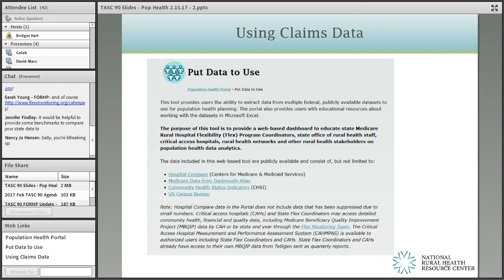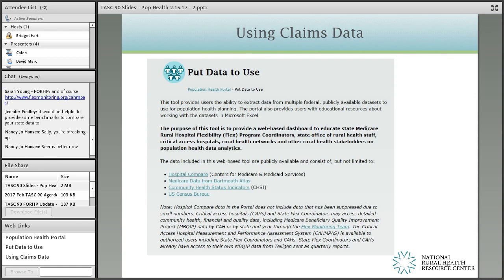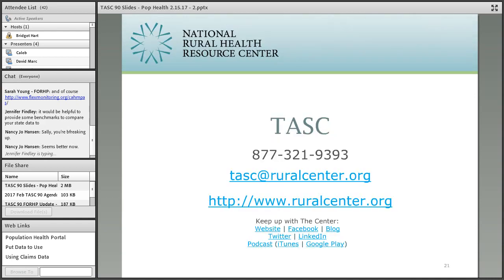And I see there's a question about having the benchmark to compare the state data. And that's a great suggestion, something we've talked about internally as well, to be able to not only say the lower number is better, but to calculate an average for your state or the hospitals you've selected.